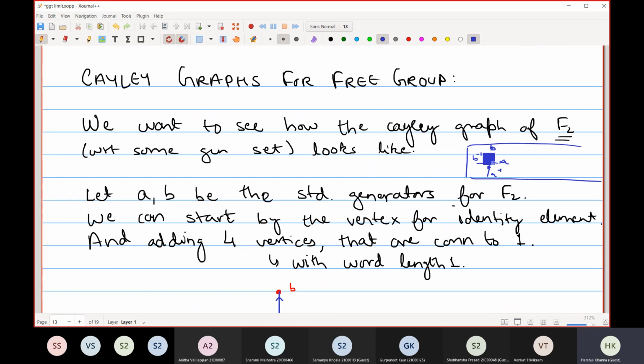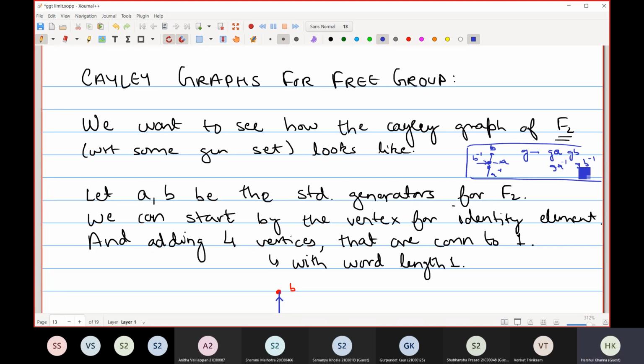So there are exactly four vertices you can connect your identity element to, or actually any other element, because that's how the multiplication works, right? So given G, it can be connected to GA, GB, GA inverse, GB inverse.